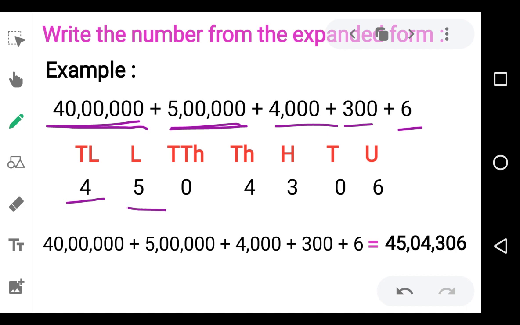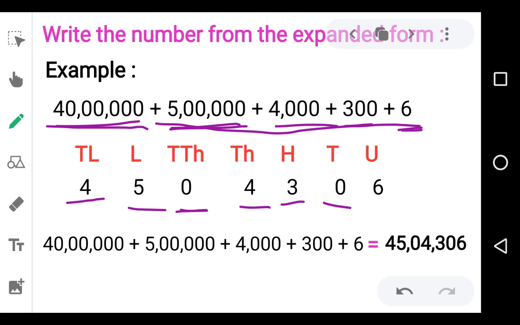Then there is 0 in the 10,000 place. See, in the expanded form, 10,000 is missing. So we write here 0 in the 10,000 place. Then 4,000. 4 is in the 1,000 place. 300. 300 means 3 in the 100 place. Then here tens is missing. So we put 0 in the tens place.